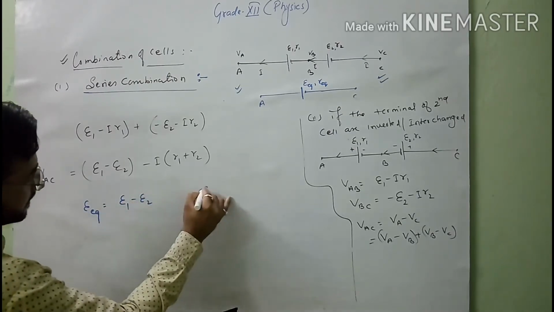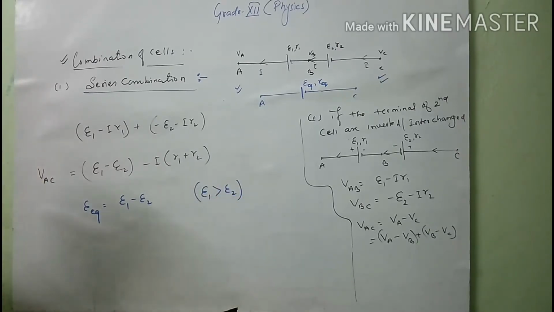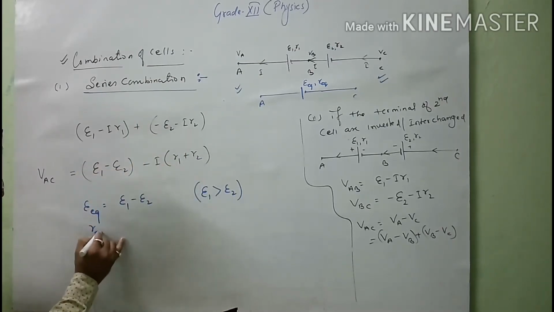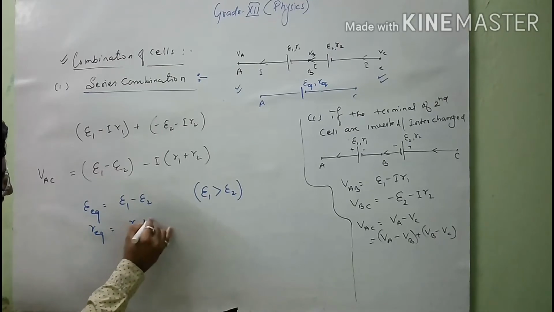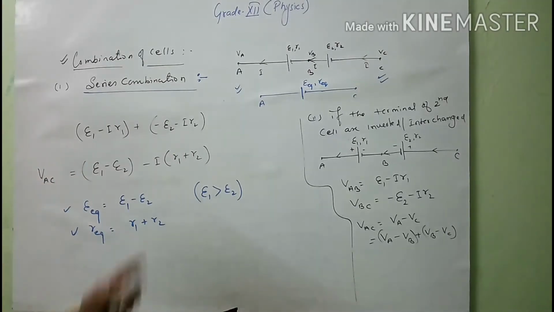Here for this I consider epsilon 1 is greater than epsilon 2, meaning EMF of the first battery is greater than EMF of the second battery. This is the change from the previous case, otherwise R equivalent remains the same in this case also. So these are the two conditions in case of series combination of two cells.